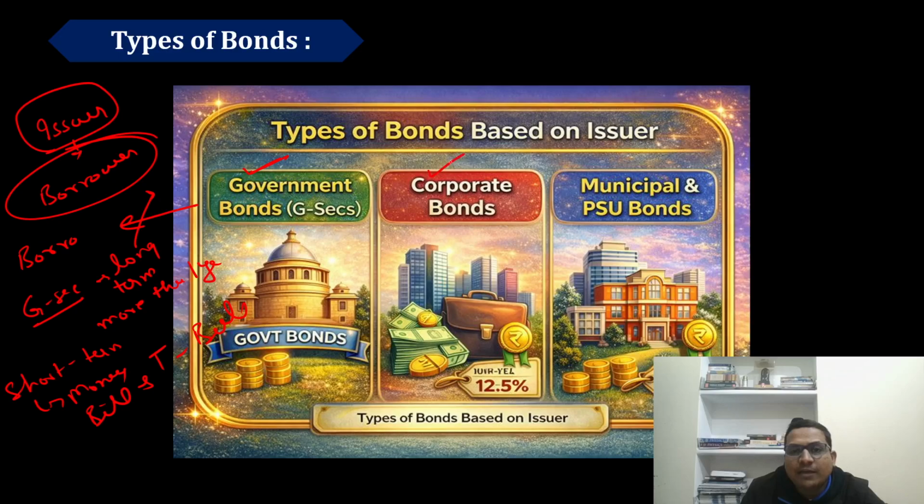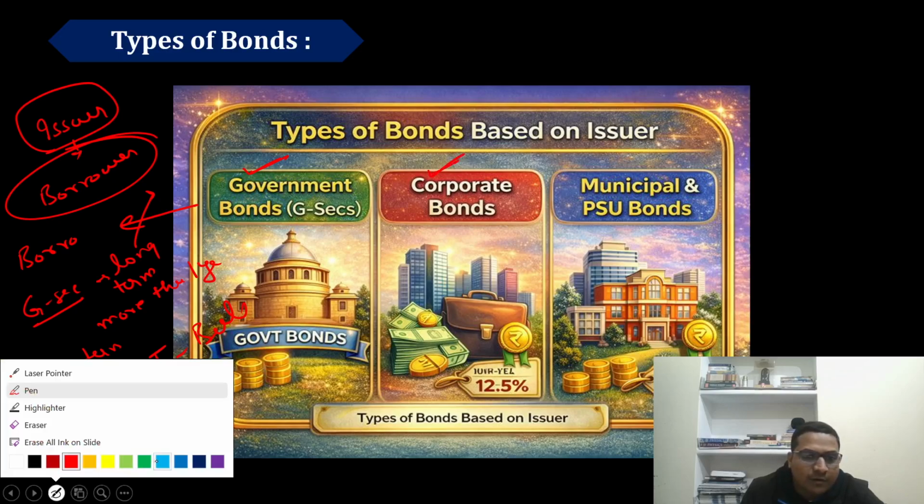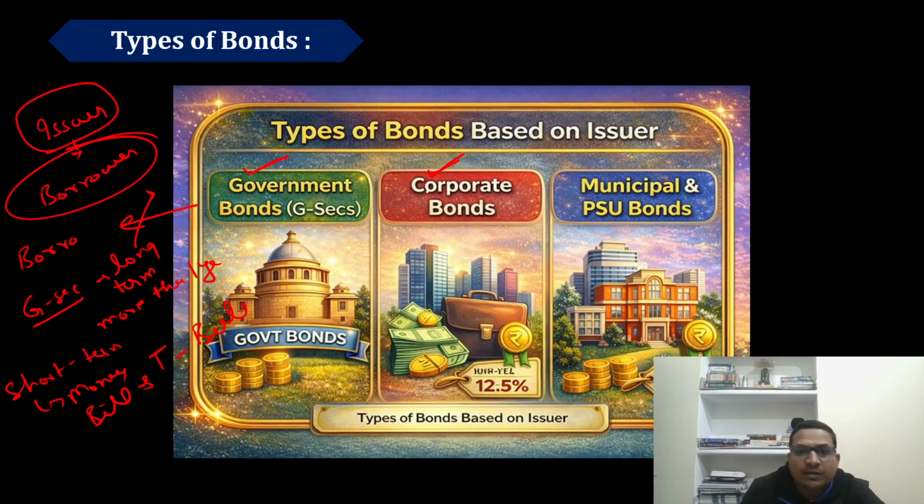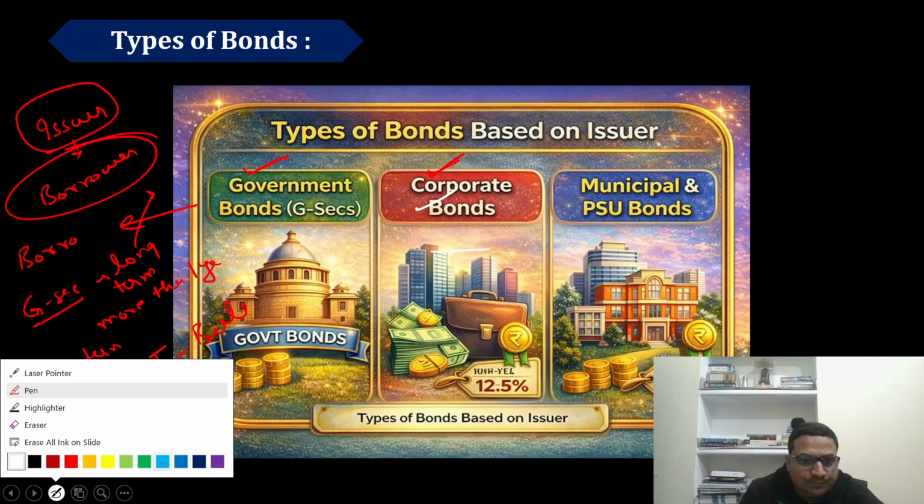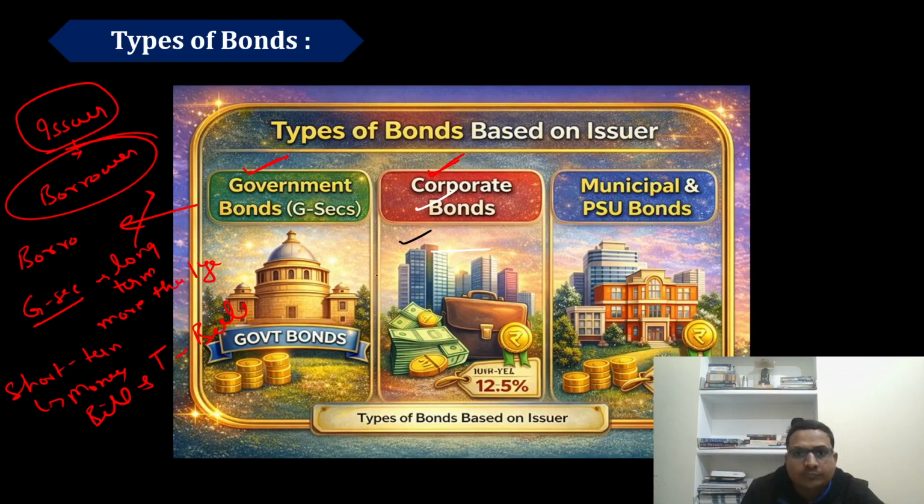Now let's say any corporate. So corporate bonds are basically issued by private companies, the small private companies or the bigger private companies, whosoever needs the money.